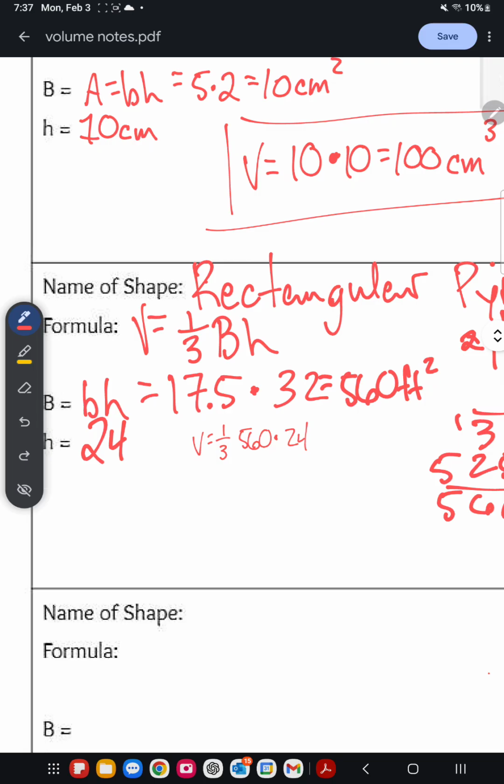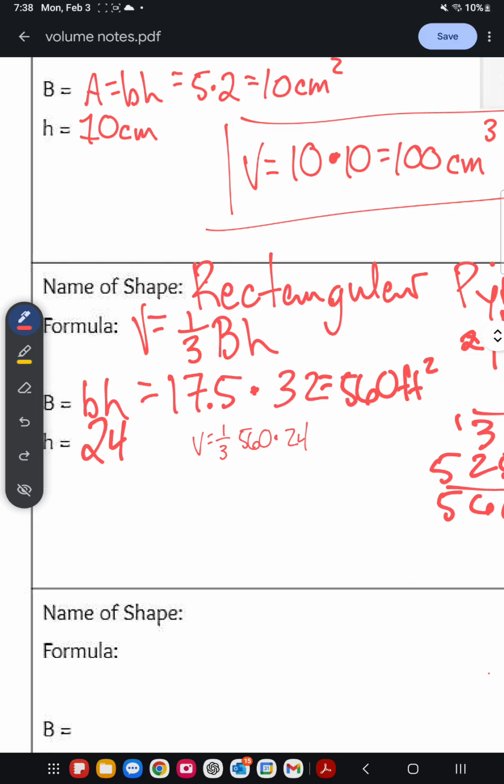All right, so again, I can multiply these out however I want. 1/3 times 560, 1/3 times 24, 560 times 24, and then whatever the product of that, I can multiply by the third term that I did not use. I know I can easily find 1/3 times 24, and that will save me from dividing.